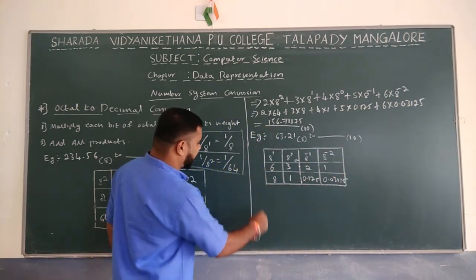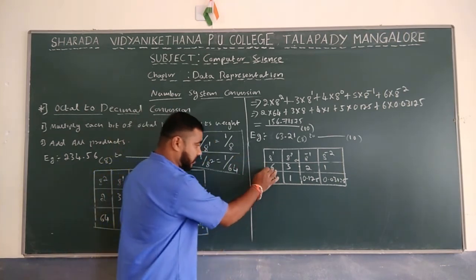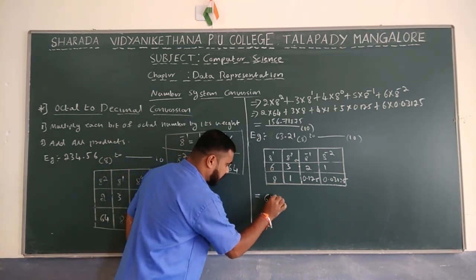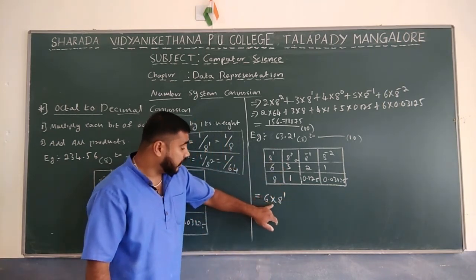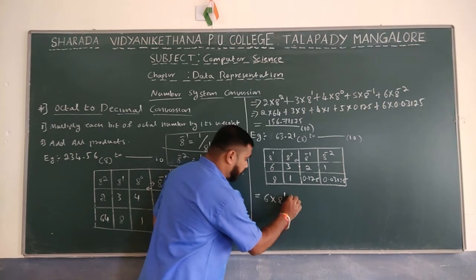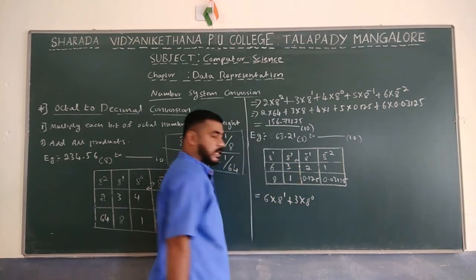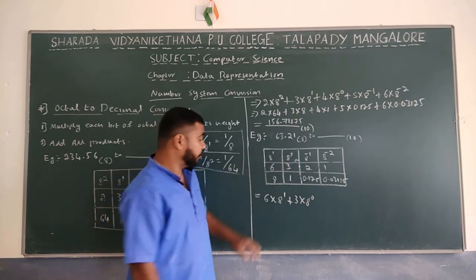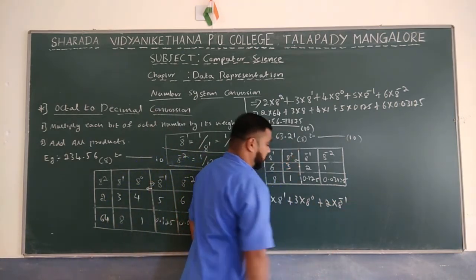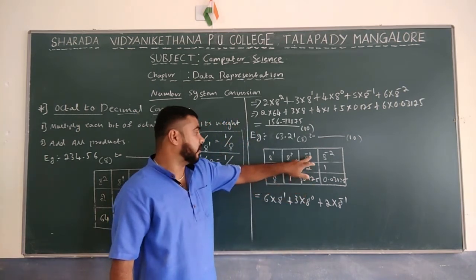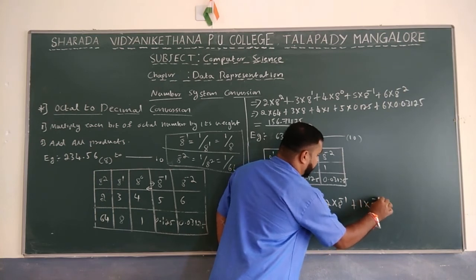After that, we want to find the actual value. First take the first digit: 6 into 8 to the power 1, plus the second digit 3 into 8 to the power 0, plus the third digit 2 into 8 to the power minus 1, plus 1 into 8 to the power minus 2.